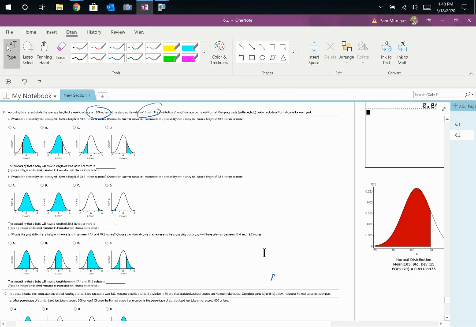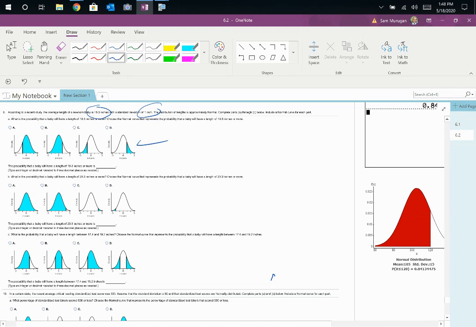You can likely pick out the graph, but you can't find the probability without using your program. You can pick out your graph as graph D, to the right of 19.3, which is approximately 1 standard deviation.